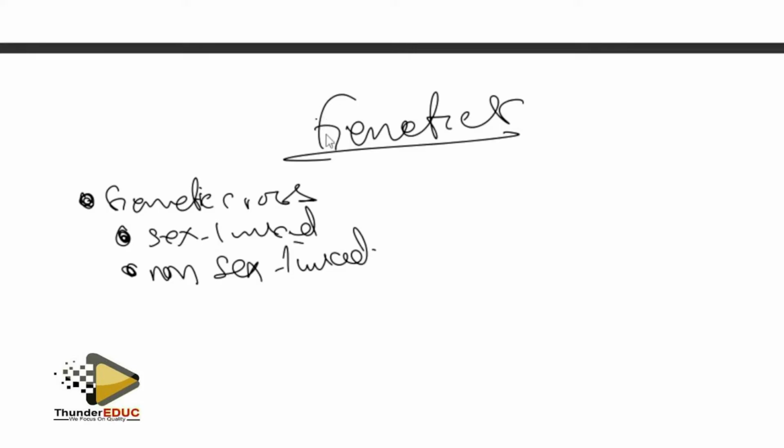All right. Non-sex-linked, sex-linked. Number 3 is pedigree. You have to know the pedigree, but still here, you have to know whether it's sex-linked or not.